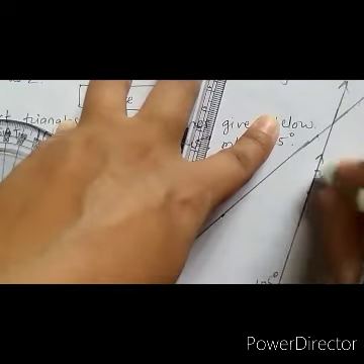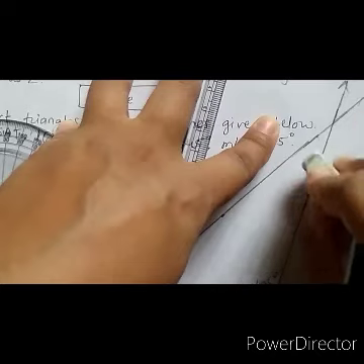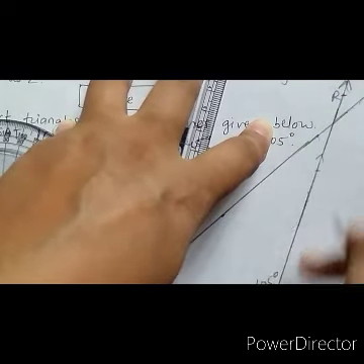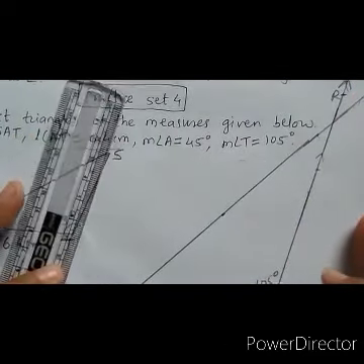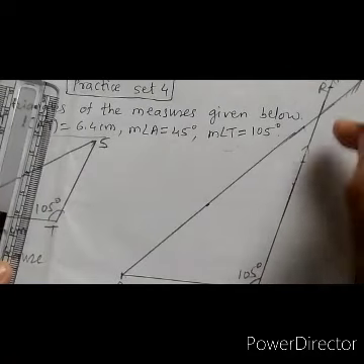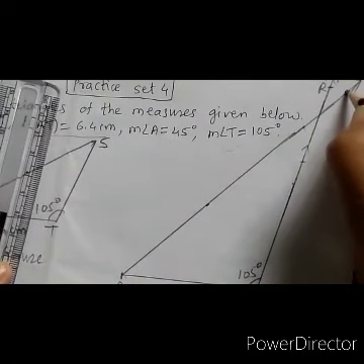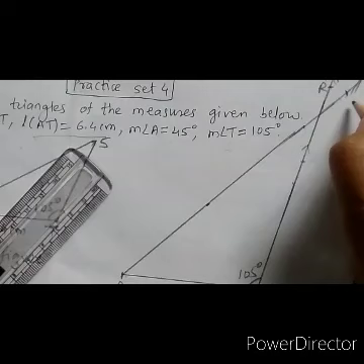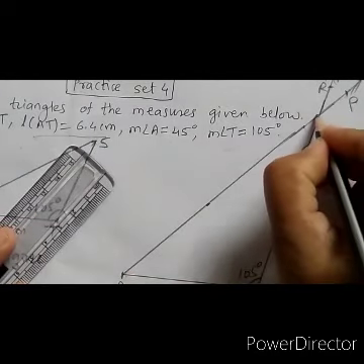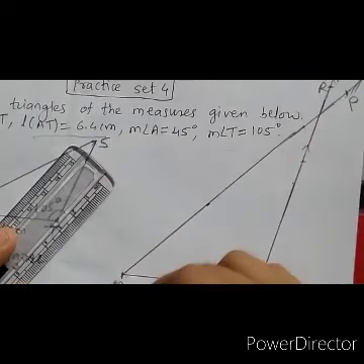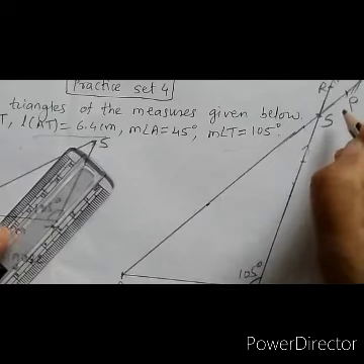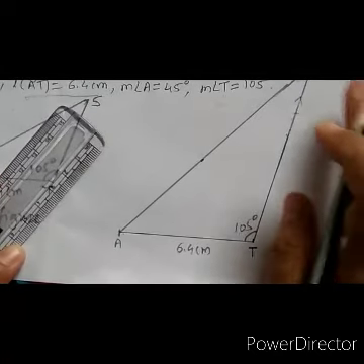So this is ray TR, and for this ray we can give the name P. So here name the point of intersection of these two rays AP and TR, that is point S. And now we got triangle SAT.